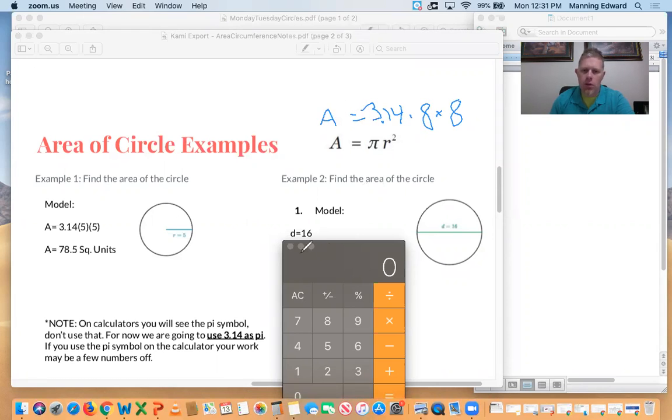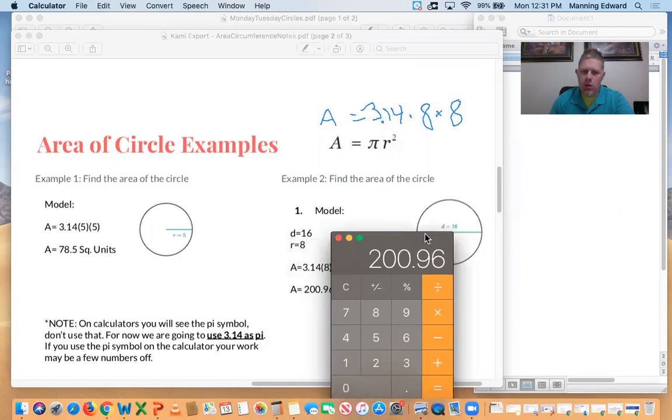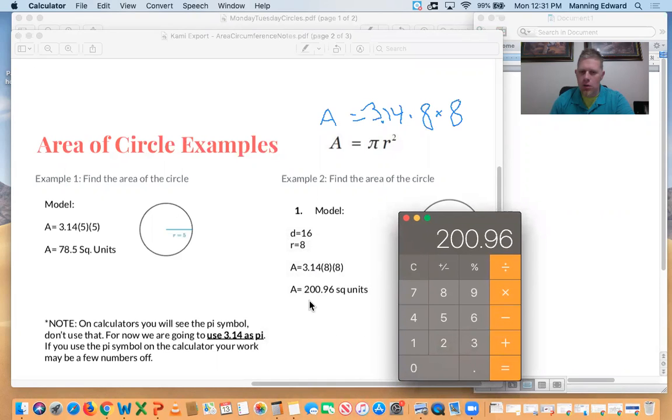All right, so we figured that out. We use this, and 8 times 8 is 64. Not 65, 64 times 3.14. And we get 200.96. Let's see if that's what it is. Yes, it is. 200.96 square units.